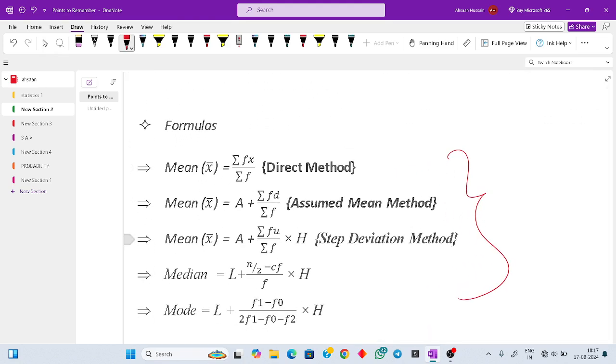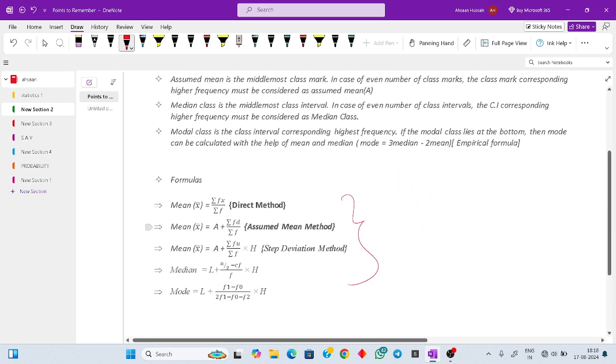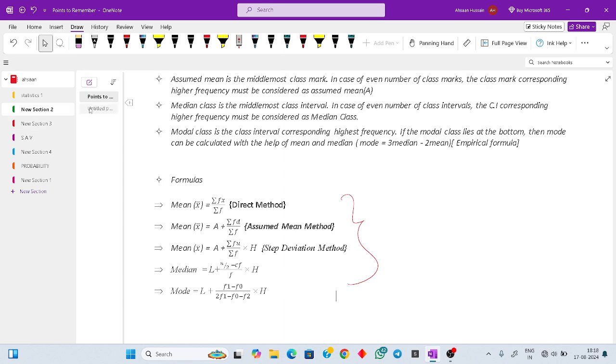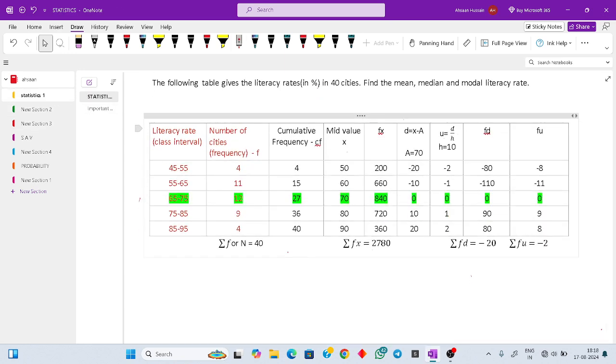You might be thinking the formulas are too complicated to understand, but once you start doing them, you'll find it easier. So let's start. To find mean, see these first two columns highlighted in red color is our question, and the rest of it is a part of the solution.